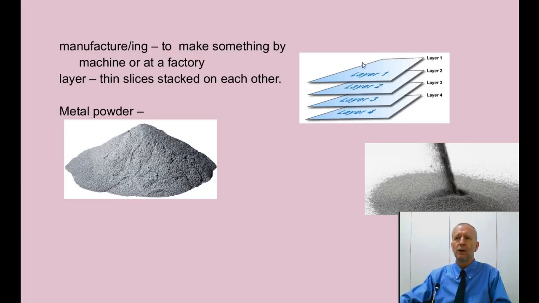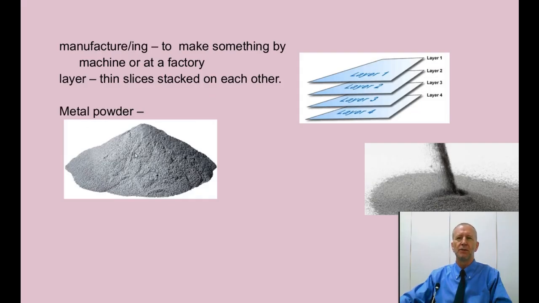Layer is just like slices, but usually when we say layer, not necessarily, but in our case, we're talking about it this way, and it's usually very thin. Thin slices stacked on each other.